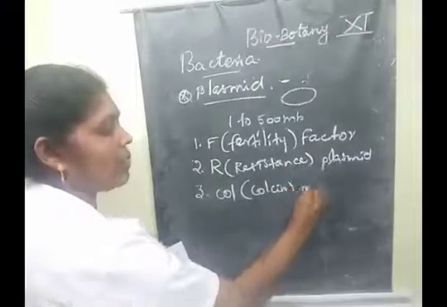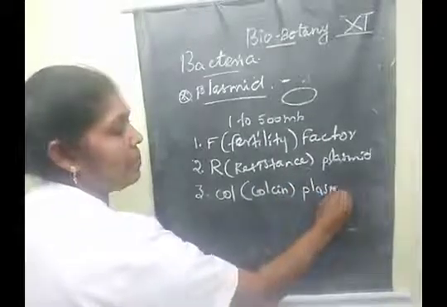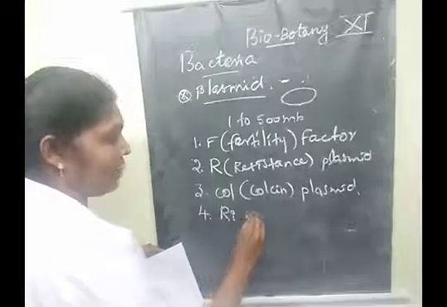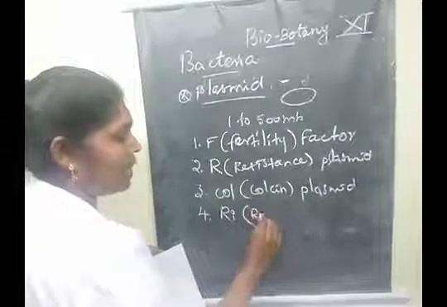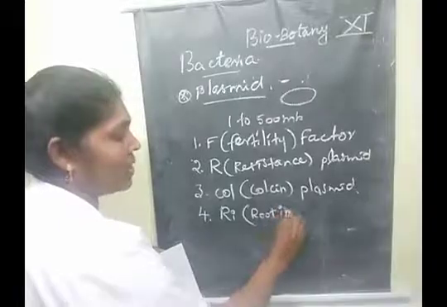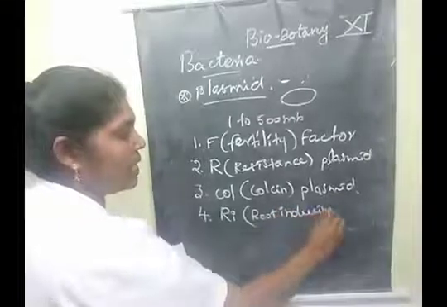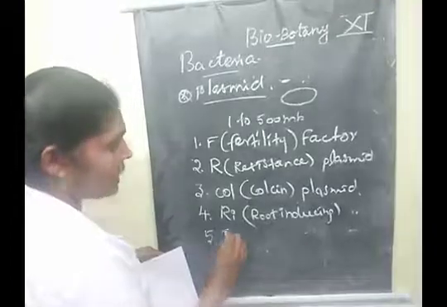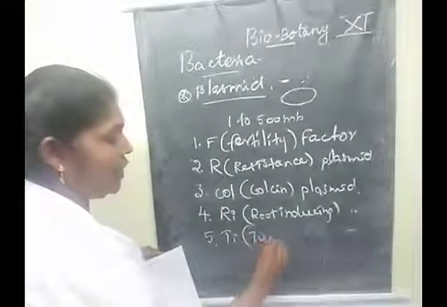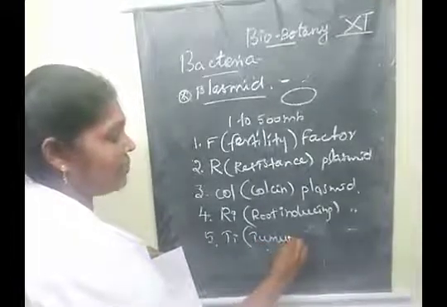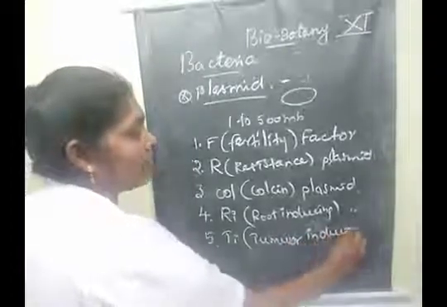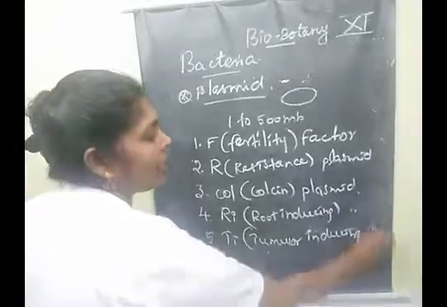Col plasmid. The next one is the Ri plasmid, meaning root-inducing plasmid. Clear? The next one is Ti, the tumor-inducing plasmid. Clear, children?